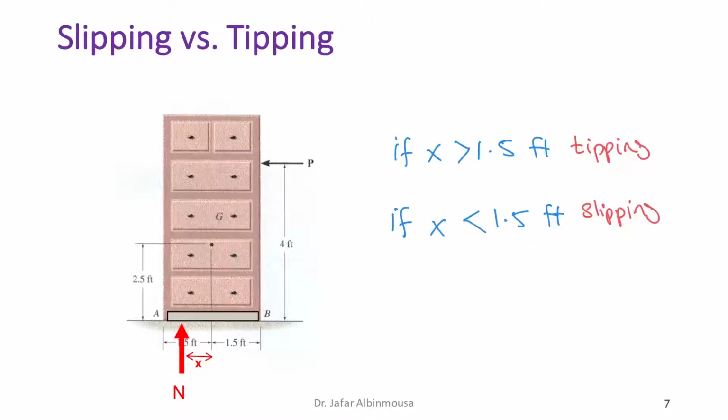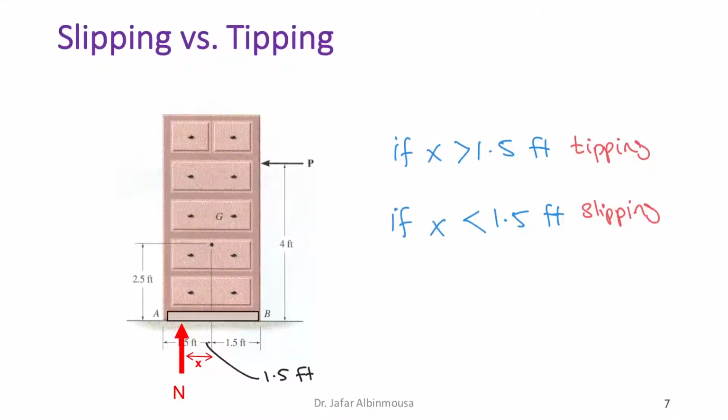So let me explain. Here we are saying that the distance from the middle at the center of gravity to the end of the drawer is 1.5. This is not shown here clearly, but this distance is 1.5 feet.